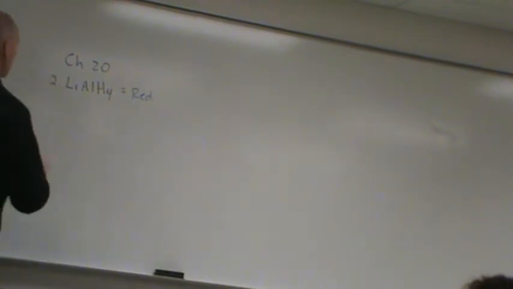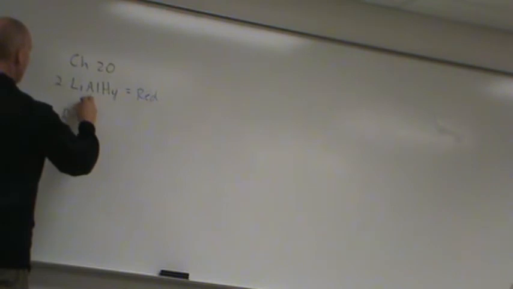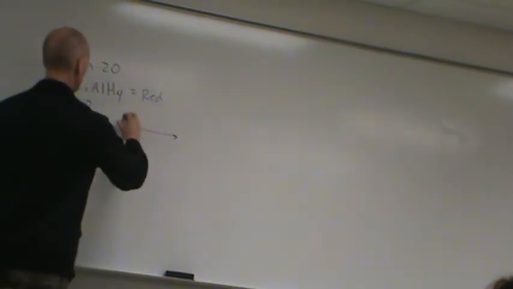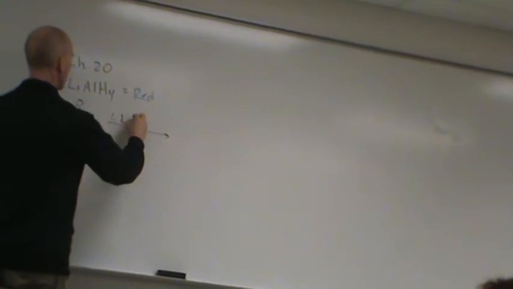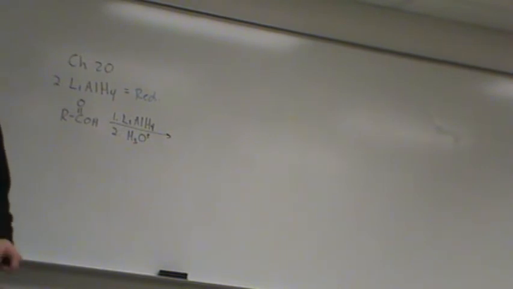Okay. So our setup here is if we have an acid, just like when we did aldehydes and ketones, we used that. Then there was the second step, just using H3O+.